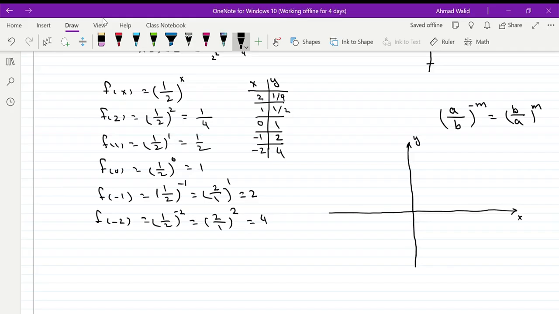xy. 1, 2, 3, 4, 5. 1, 2, 3, 4, 5. -1, -2, -3, -4, -5. When x is 2, y is 1/4. x2 1/4, it means if this is 1, 1/4 of that, which is really close to x.